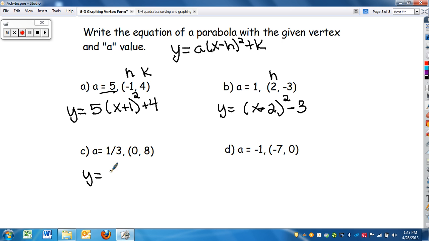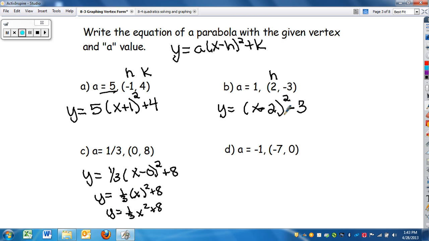Here we have y equals, a is 1/3, x minus 0 squared plus 8. Now, anything minus 0 is what you started with, so if this was 4, 4 minus 0 is 4. So this is just x squared times 1/3 plus 8, or you don't even need the parentheses, it's 1/3 x squared plus 8.